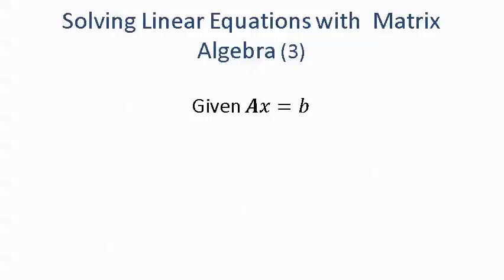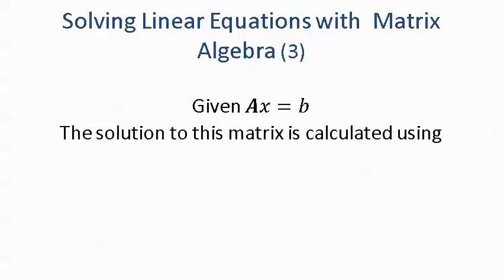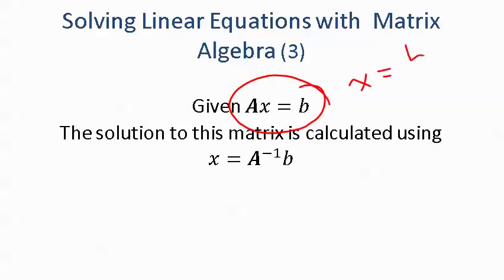The matrix A times the unknowns equals B. The solution is calculated using our unknowns X equal to the inverse of A times B. Now it looks algebraically like we could rearrange this to say that X is equal to B divided by A.